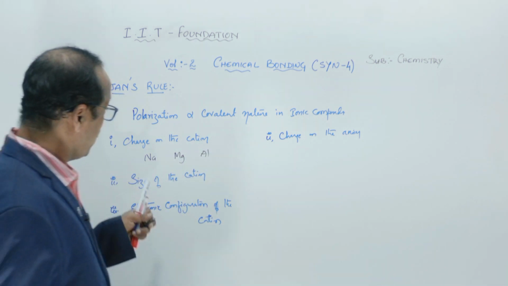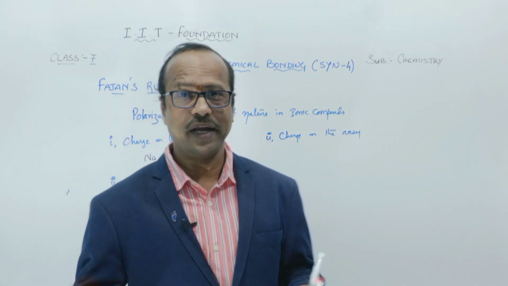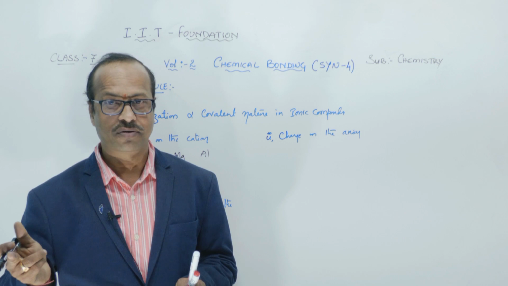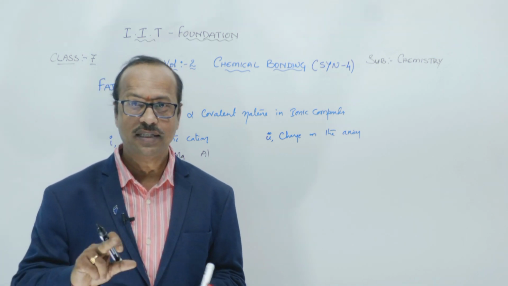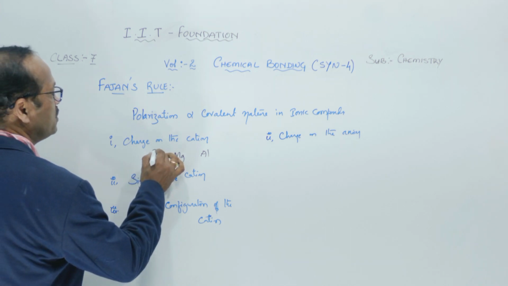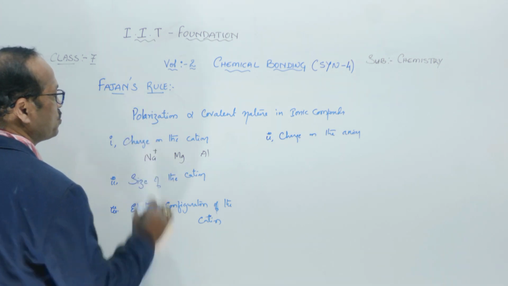Na is sodium with atomic number 11, electronic configuration 2, 8, 1. It attains stability by losing 1 electron, so it becomes plus 1.